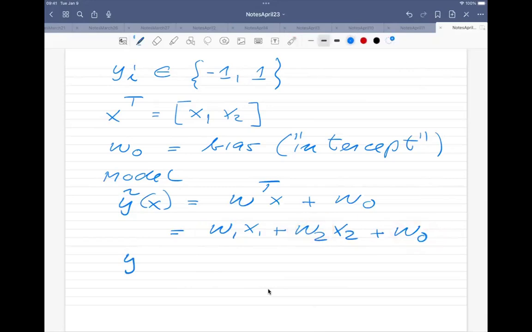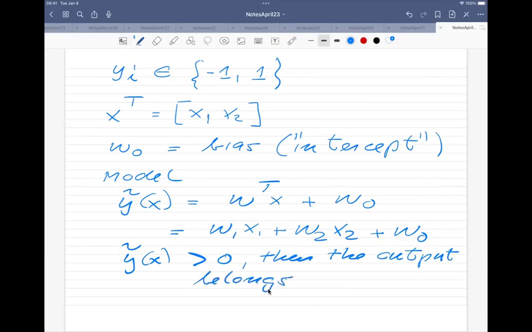And then when we calculate y of x here, if it's larger than 0, then the output is given by y equal to +1. The output belongs to this region, belongs to C1, which means y of i equal to +1.